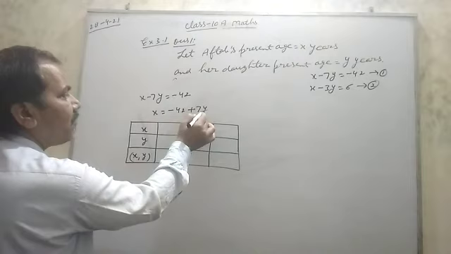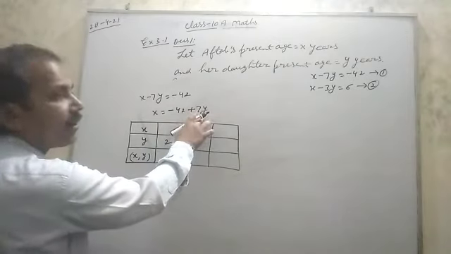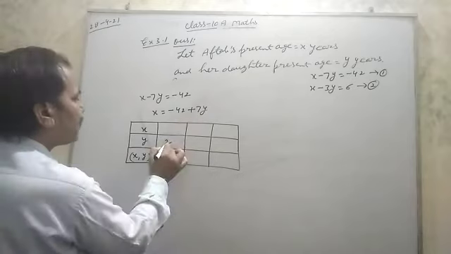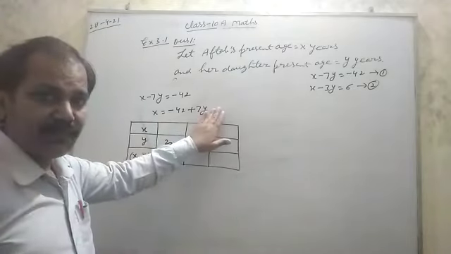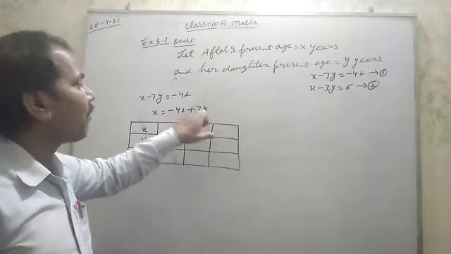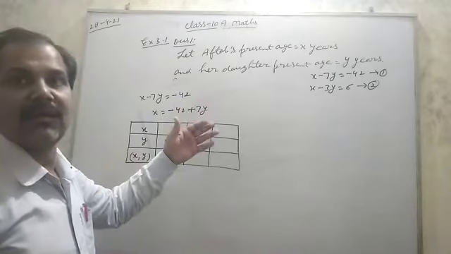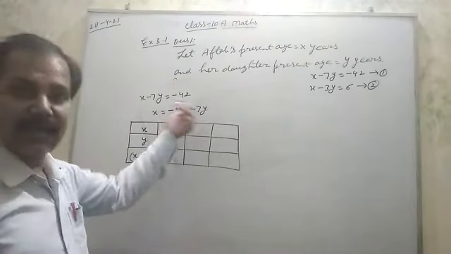So putting y values, put 2 in place of y or 3. You can put any value, but here minus 42 is a bigger value, so you take y values such that the x values will come less.